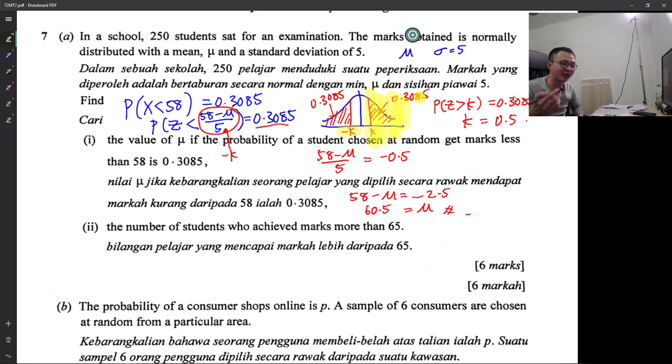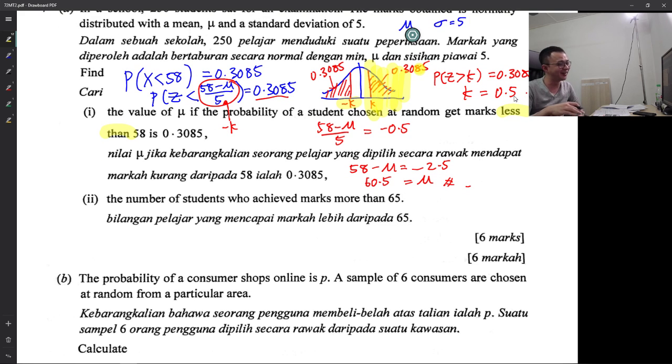So when I got the 0.5, this is not the real one, because this one is z bigger than k. But if you read the question, it says less than. Do you see the words less than 58? So less than, supposedly it should be a negative value. This is not positive because the question doesn't say more than, right? So therefore it's negative, but then I use the positive to find it. One of the reasons is because your z table doesn't support negative. If you still have no idea what's going on here, it's super hard for you, so please check out my video about this topic.